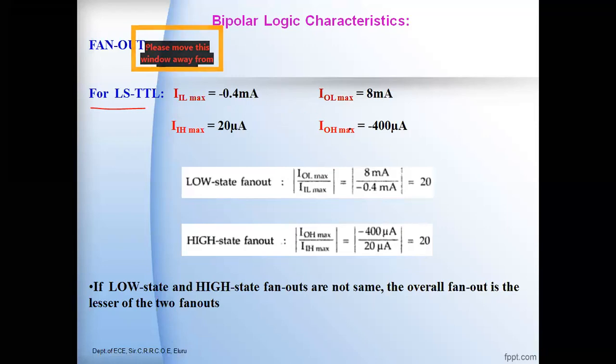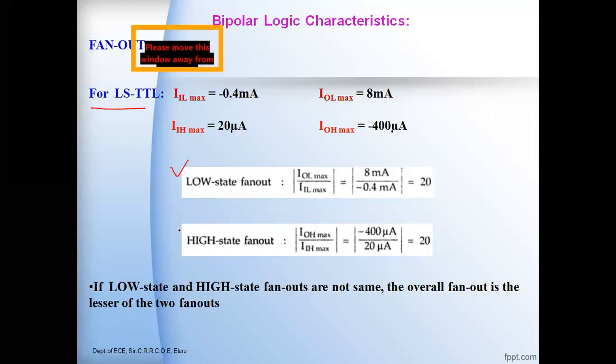If you know these values, you can find out the low state fan out and the high state fan out. What is the low state fan out? The low state fan out is the maximum number of gate inputs that can be driven by the gate output during the low state output.